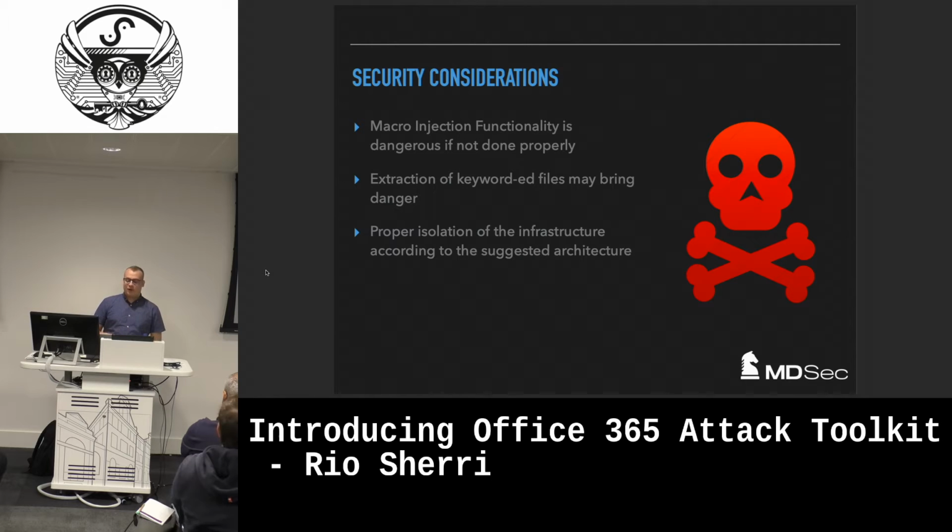That's why I suggest, in the architecture, to have proper isolation between the hosts, and to also use an updated Office, because even we as attackers need to use updated software, otherwise we will get popped.